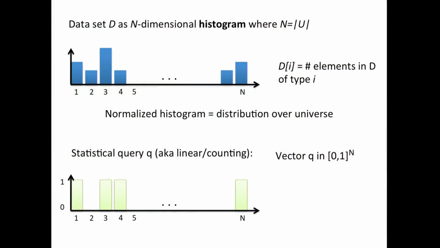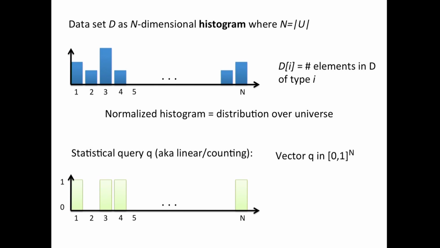Okay, so what are the queries that I want to look at? We're going to look at statistical queries that are also sometimes called linear queries or counting queries. And all that really means is that there are vectors in this histogram space. Okay? And for normalization, we'll assume that the coefficients are between 0 and 1. And let's make it even simpler. For this talk, you can just think of the coefficients as being either 0 or 1. So a query is just a 0, 1 vector in this histogram space.